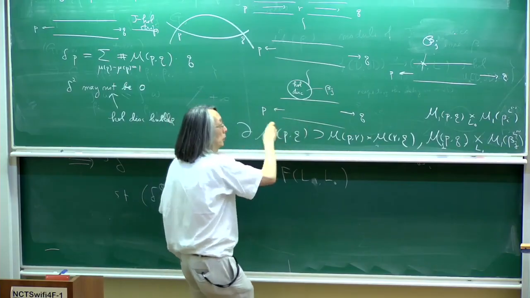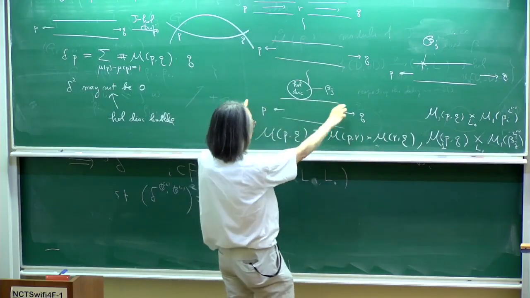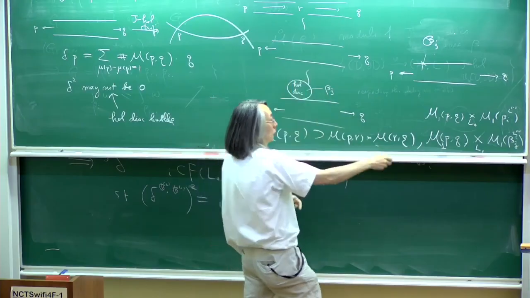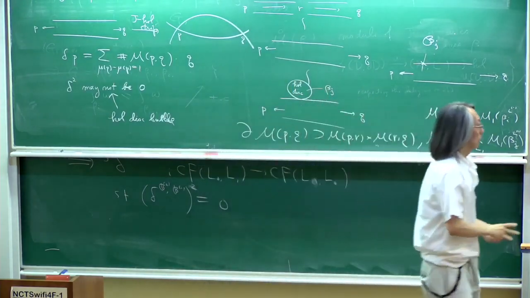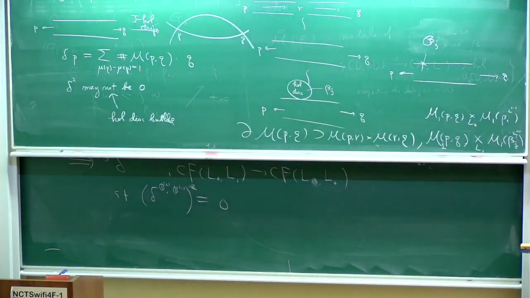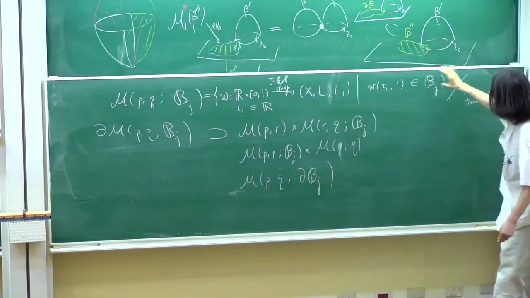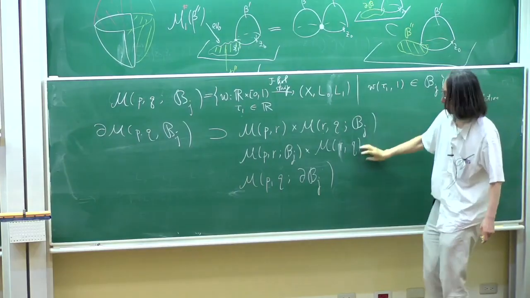But anyway, this one may have this boundary. If you have this kind of boundary, you can understand it as a fiber product of this moduli space from P to Q and this evaluation map of the holomorphic disk in class beta J. And now I consider this moduli space too. This moduli space is a holomorphic strip from P to Q meeting this curly Bj. And this one also has several components.